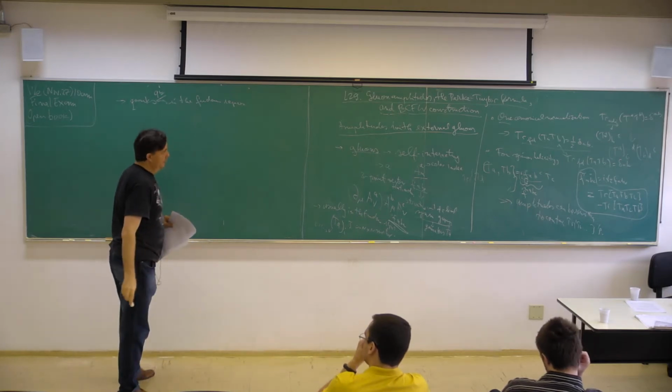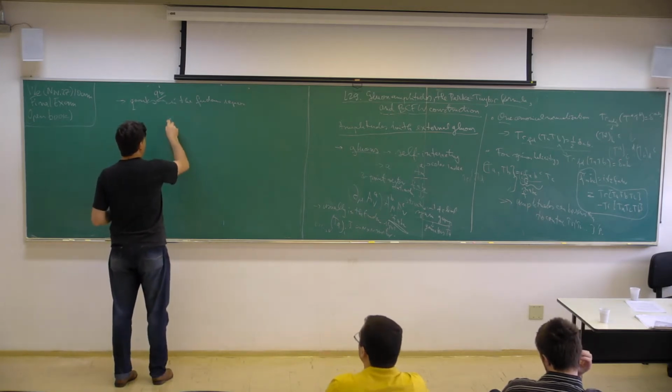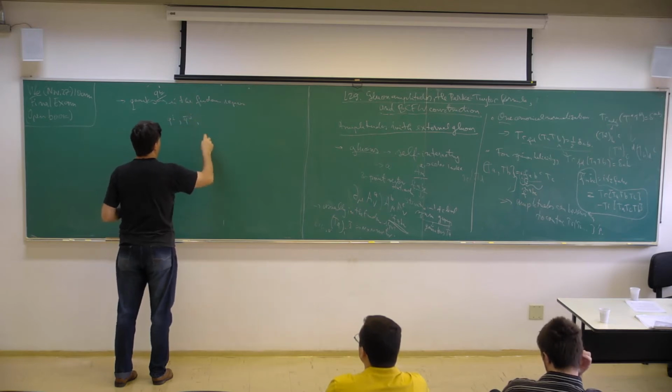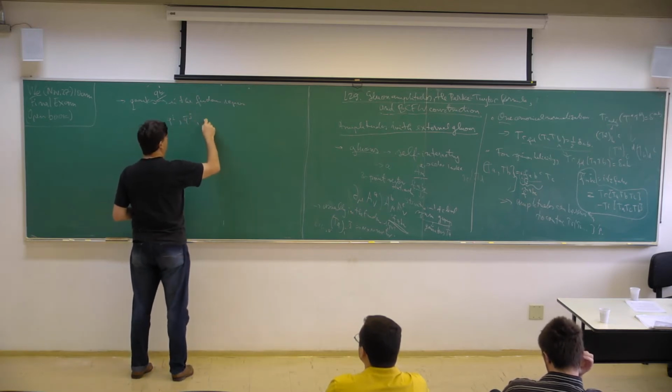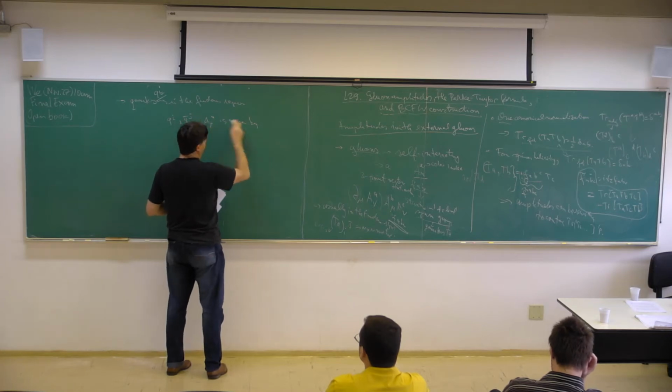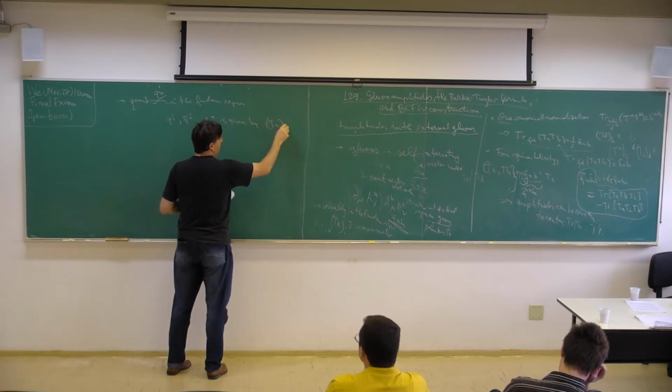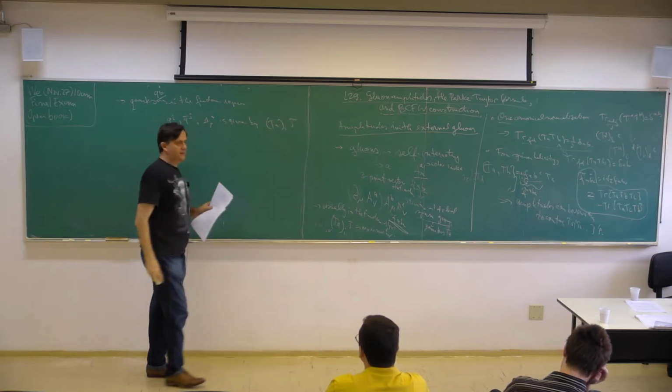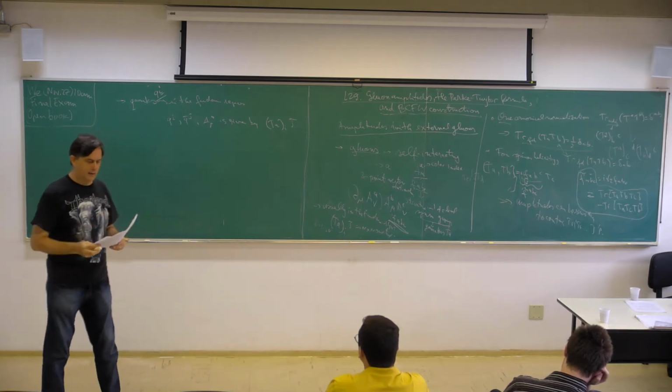I is an index in the fundamental representation. Then the coupling between a QI, an antiquark, QJ, and the gluon is given by, not surprisingly, the thing that has all these three indices, which is TA IJ bar.